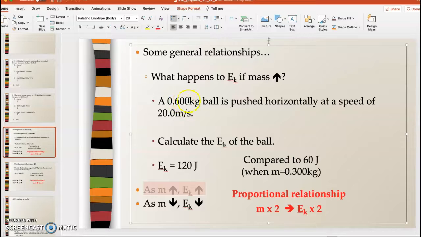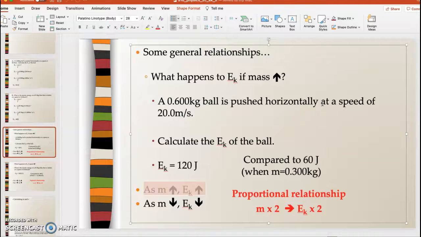So if you're taking this ball, pushing it at a speed of 20 meters per second, let's do that. Let's list our variables. Mass 2.6 kilograms, speed 20 meters per second. What's kinetic energy?